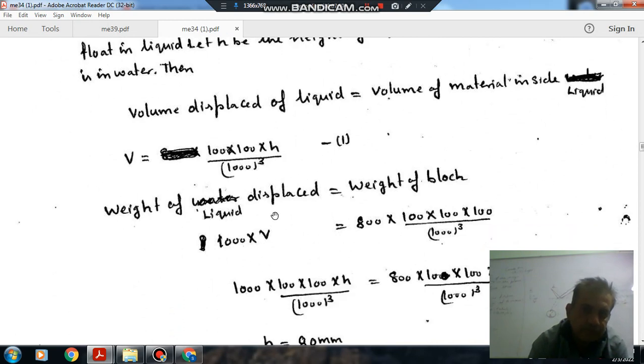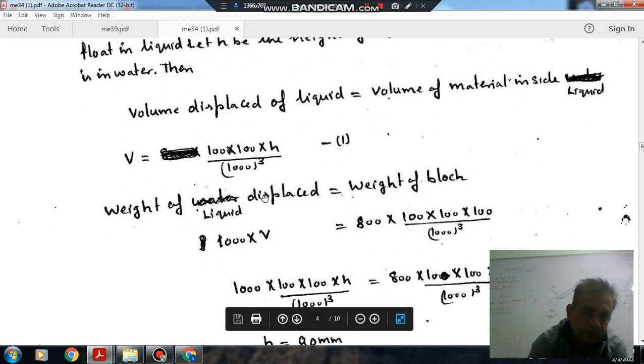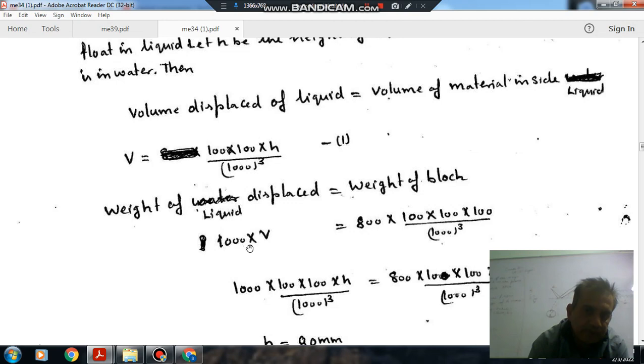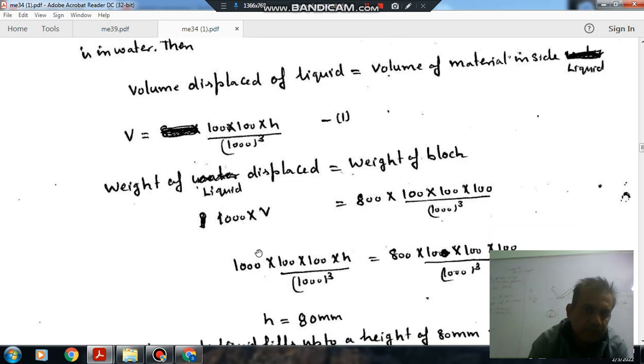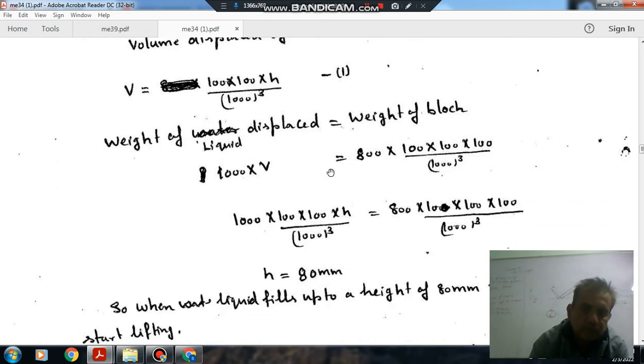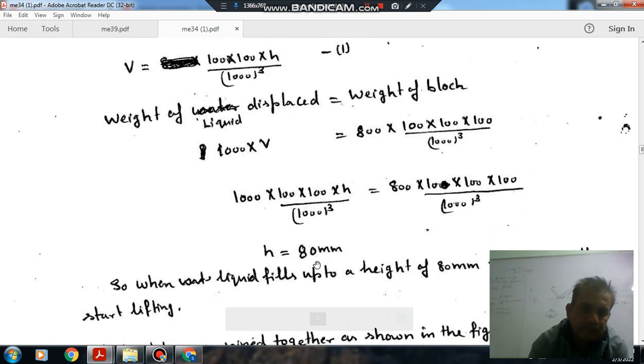This volume is inside the liquid and it displaces the liquid. This volume multiplied by liquid density is the weight of liquid displaced, and it is equal to the weight of block, which is 800, the density of material, into its volume. Equating these two, we get h. So h is 80 mm.